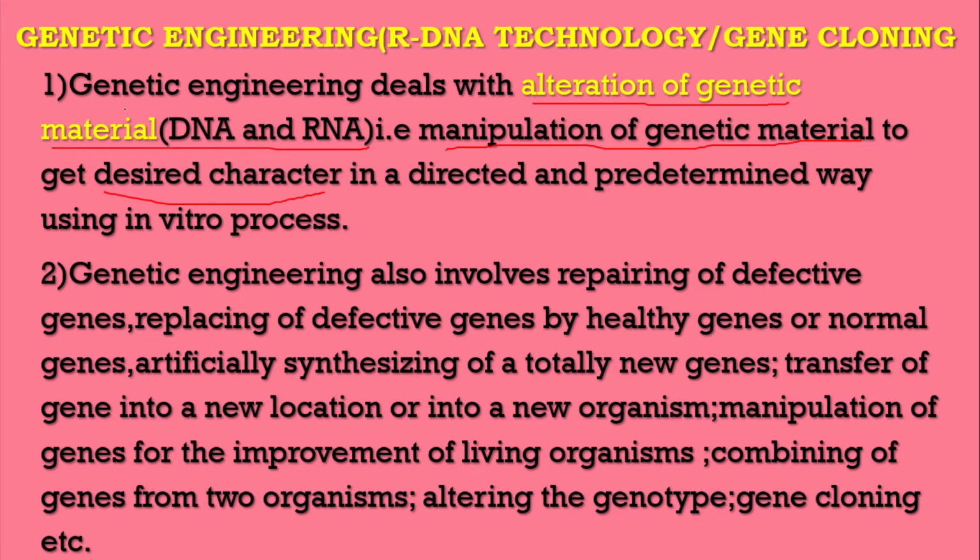So in short, what you can keep in mind, in genetic engineering the manipulation or alteration can be done in genetic material, that is in DNA and RNA. Why is this manipulation or alteration done? In order to get the desired character. Desired character means the character which we want. That can be done in genetic engineering.